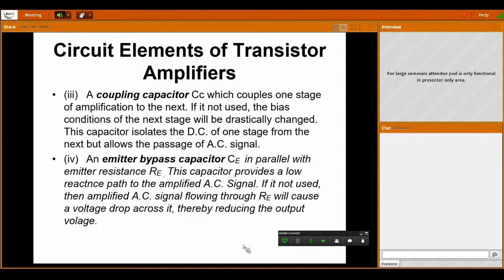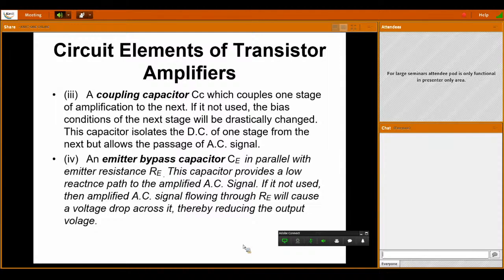But when I am applying an AC signal, the AC collector current may also flow through the emitter resistor. Due to that, the voltage drop will be more, so the output will be lower. How to avoid this problem is just by connecting a capacitor in shunt with your emitter resistor, which we call the emitter bypass capacitor.